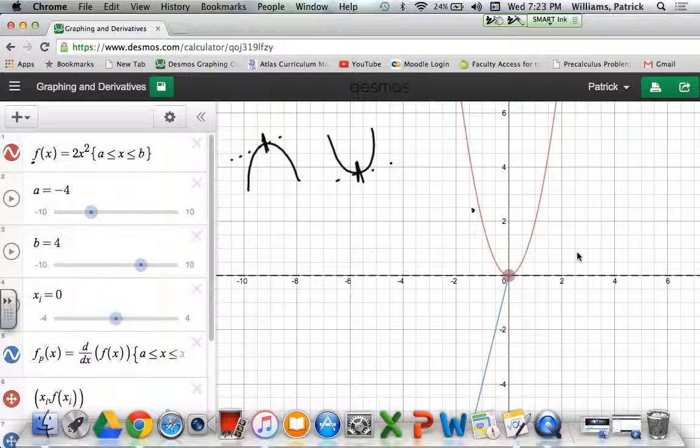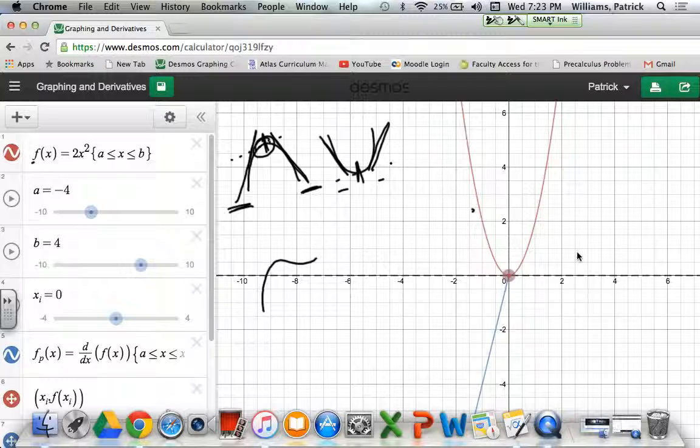Notice also that in both of these cases, the tangent lines to the left and the right of that horizontal tangent have different signs. Here we have a positive slope and a negative slope. Here we would have the opposite: a negative slope of the tangent line and a positive slope of the tangent line. So whenever you have a hump, at this point of the hump the derivative is going to cross the x-axis. It's going to switch from negative to positive or positive to negative.